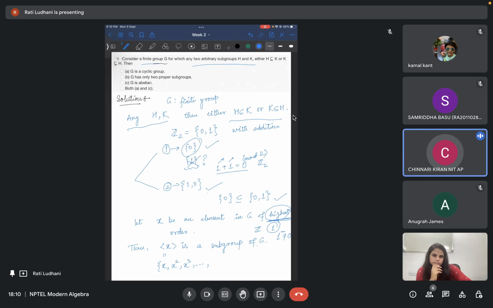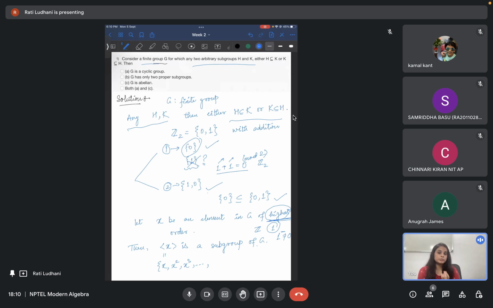For all elements, we check the order, and there could be a value of m which should be the highest. That is the order. Right, because in infinities we cannot compare things, yet I am still saying highest. So just read the question. What does it say?